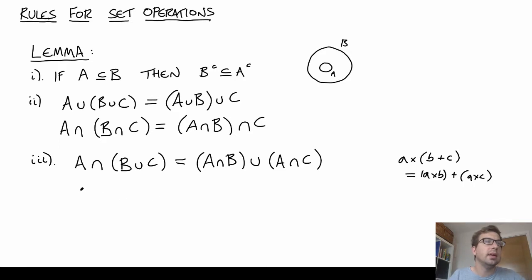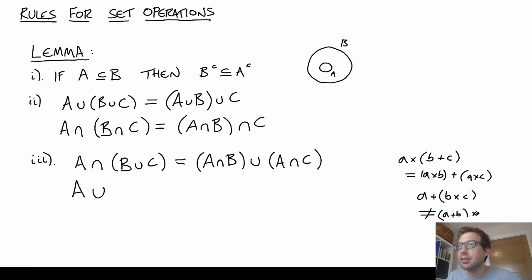The interesting thing is that this also works the other way. Notice that A plus B times C is not equal to A plus B times A plus C. That's not true, but for sets it sort of is, which is interesting.